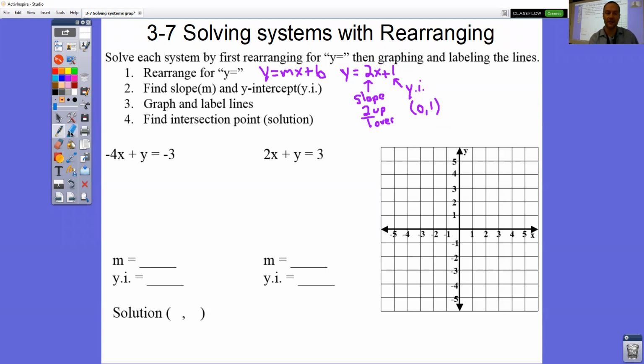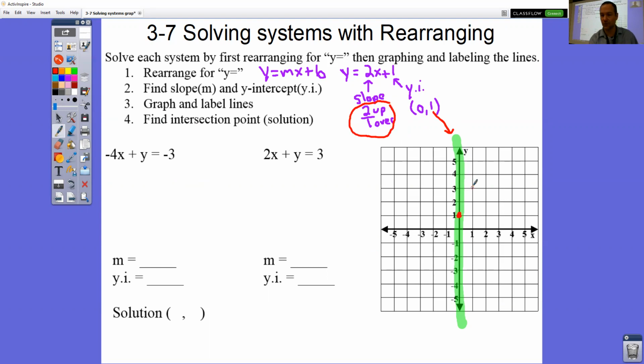Your y-intercept always starts out somewhere on that y-axis. For example, if we were graphing 0, comma 1, we'd put a dot right here at 1. That first point, when you go to graph your lines, has to be somewhere on the y-axis. Then we would follow the slope twice.